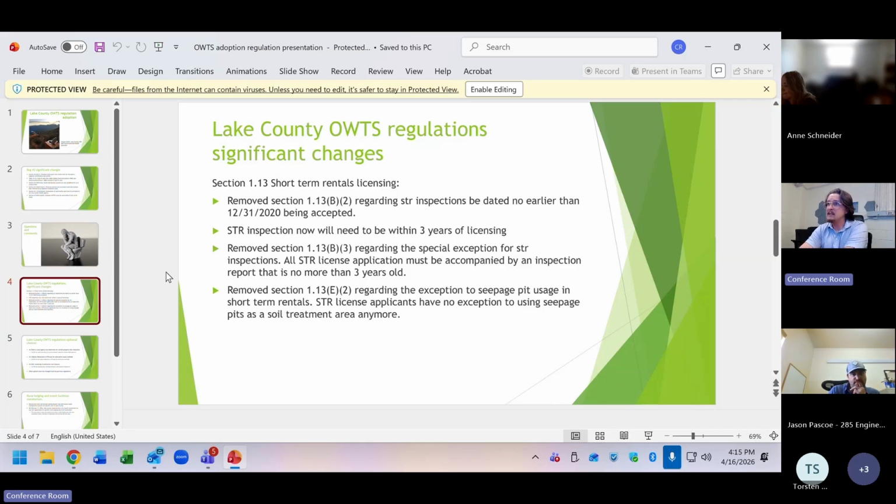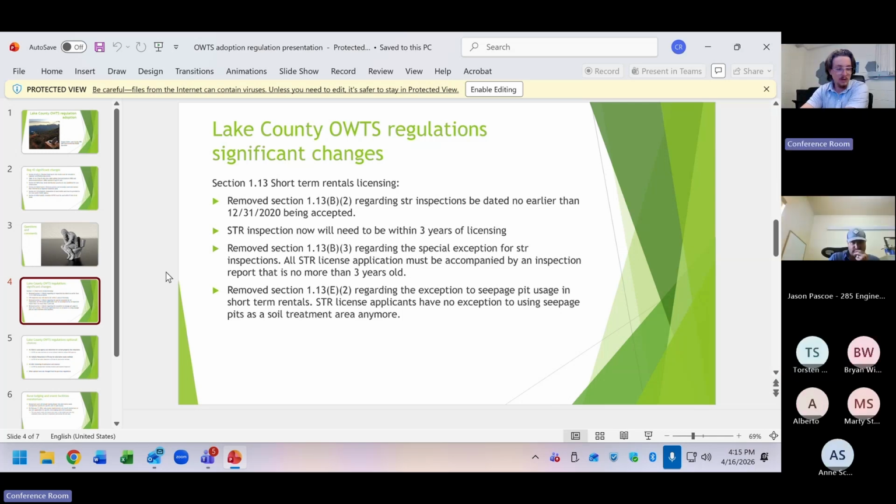Now, even with an existing license, you have to replace that seepage pit with a more modern soil treatment area. That's why that exception got taken out, because it doesn't apply anymore. We've passed that grace period.